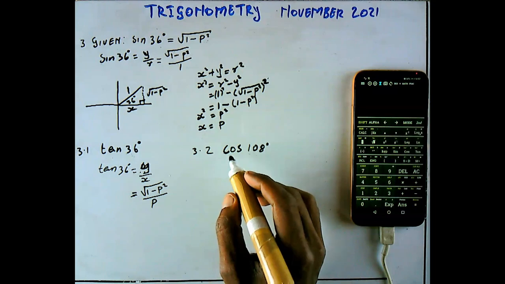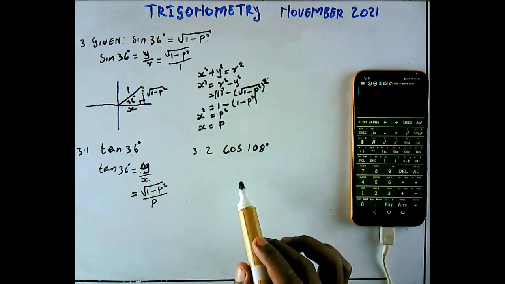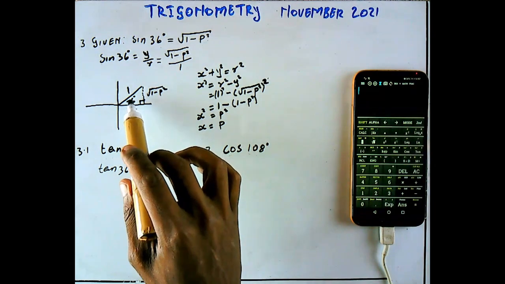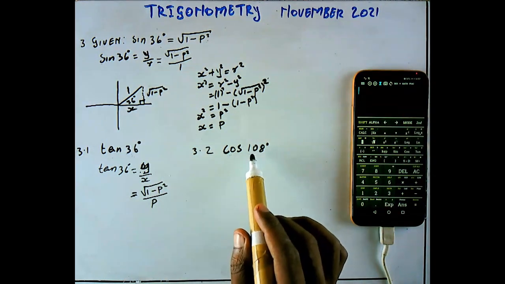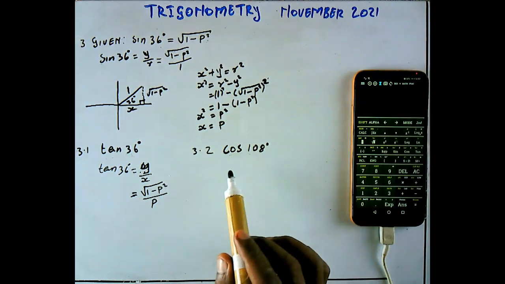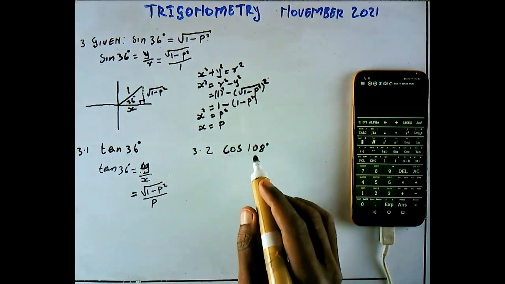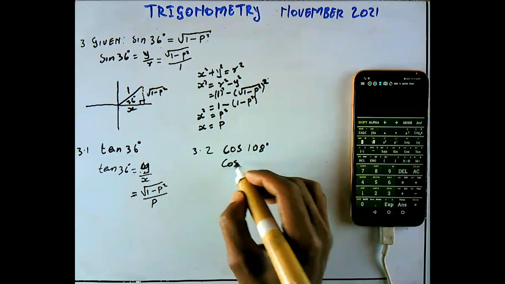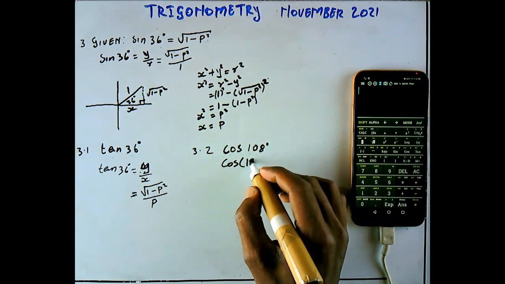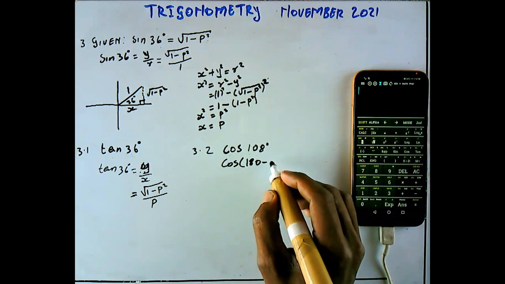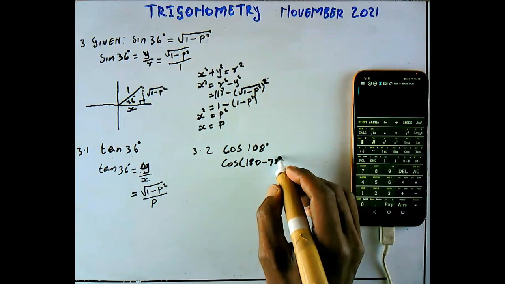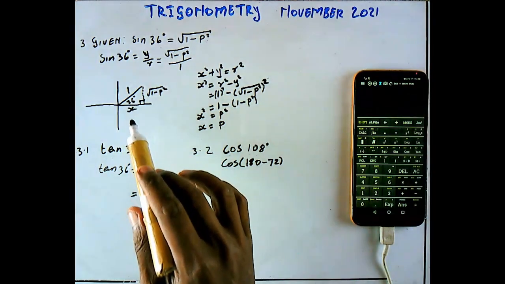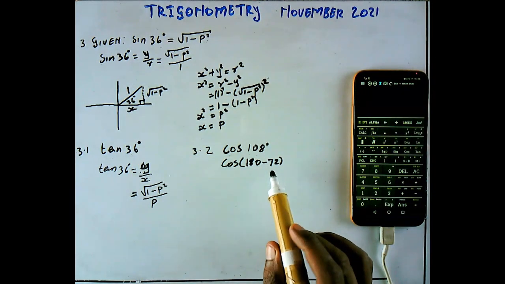And then here we've got 108, and then here we've got 36. We have to relate 108 and 36. Okay, we can expand this one. You can say cos of 180 minus 72. The reason why I choose 72 is because 36 plus 36, it's 72.